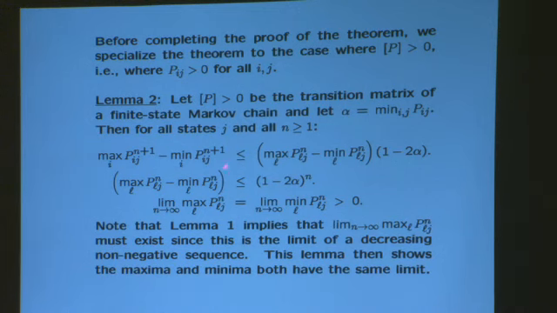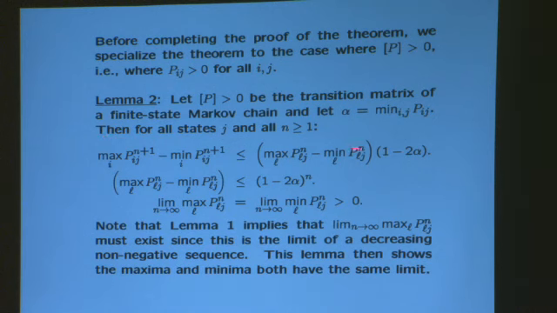If I subtract this, which is the least probable path, minimized over i, over the initial starting state, this is less than or equal to the n step term times 1 minus 2 alpha. Alpha is the minimum transition probability in this probability transition matrix. It's not so obvious right now, but we're going to prove this in the next slide.